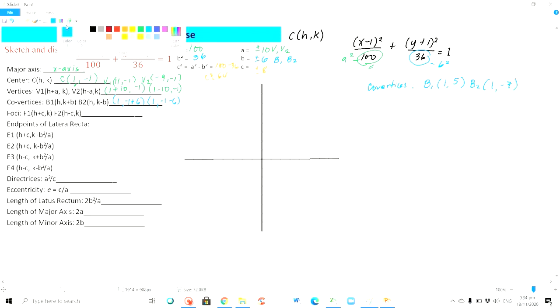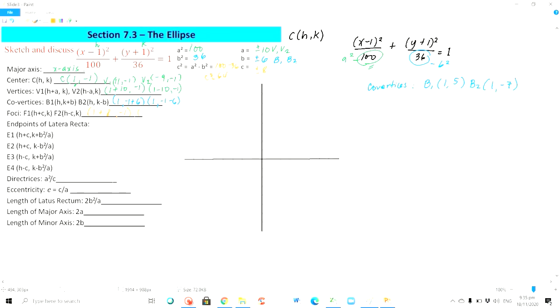Okay, for the foci, H is 1 plus C, C is 8. Ayan, bakit dito inad yung ano? Dahil nga po, ang foci ay dumadaan po sa x-axis, sa major axis, then nasa x-axis din siya. 1 plus 8 and negative 1.